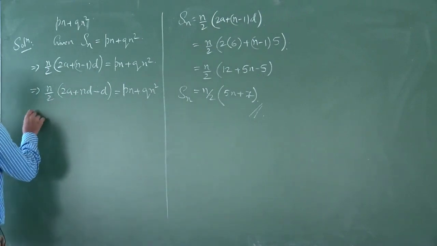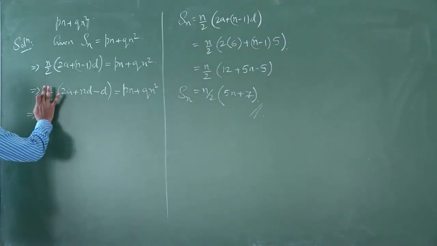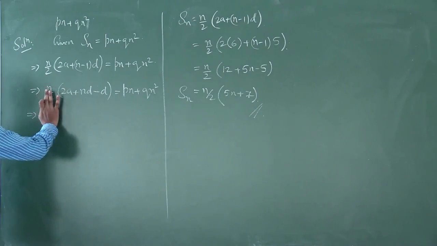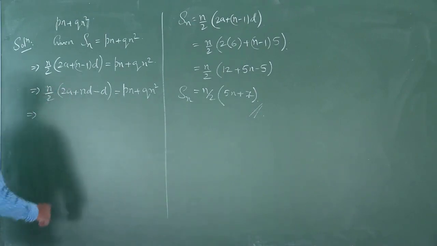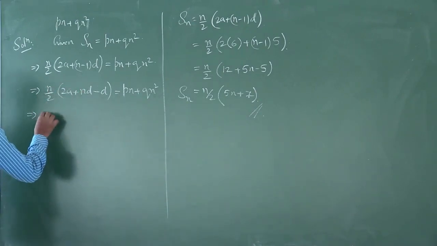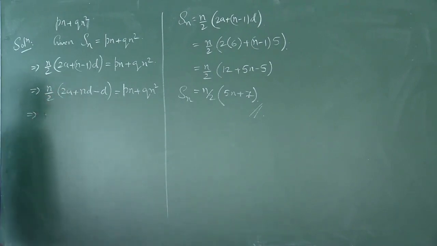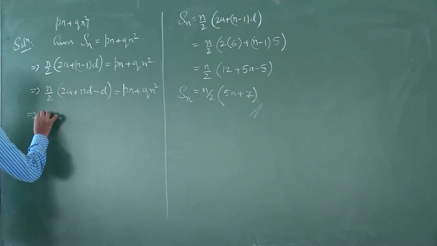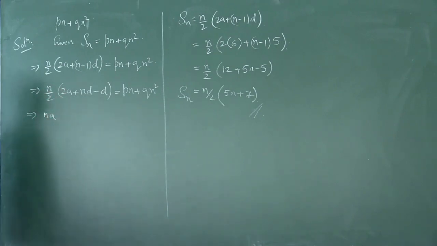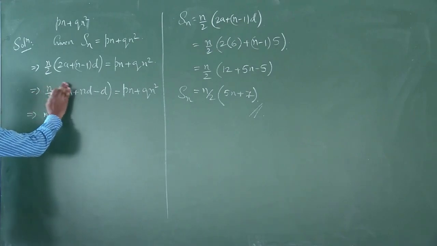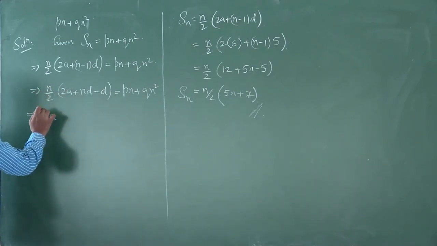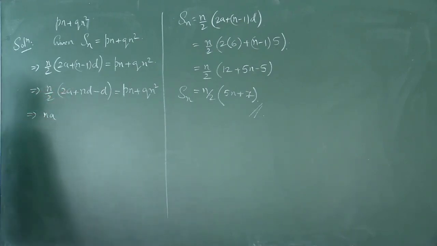Okay, now on the LHS, I will multiply this n by 2 inside the brackets. What happens? I have n by 2 into 2a. n by 2 into 2a gives me what? 2 and 2 get cancelled, I get n into a.